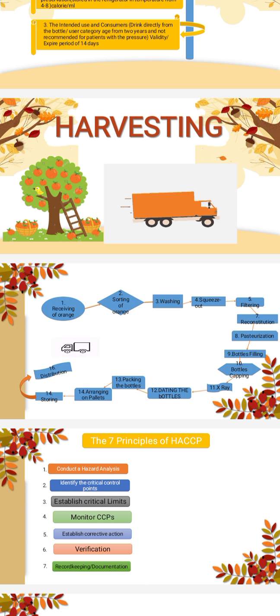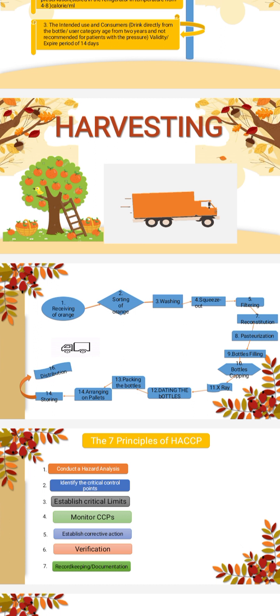So we must take care of our flow diagram. So next, we have the 7 principles of HACCP. First, conduct a hazard analysis.